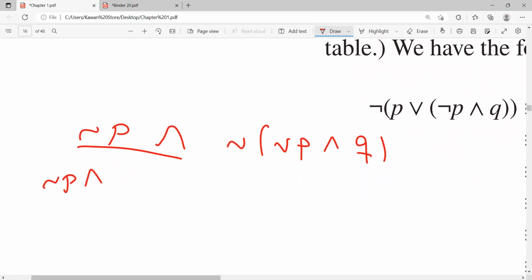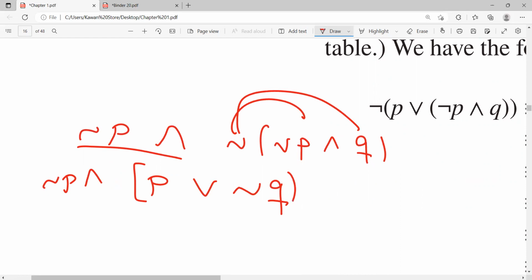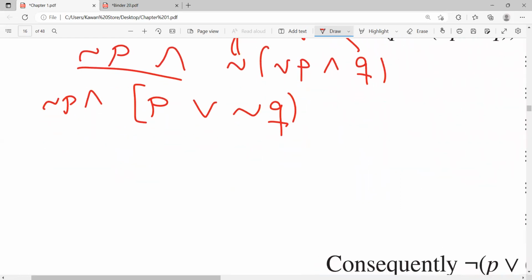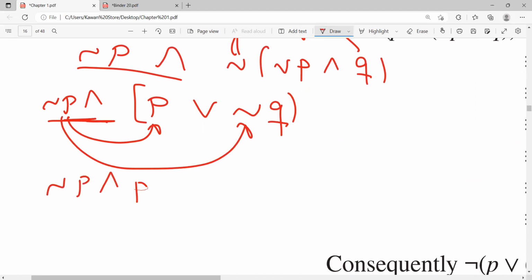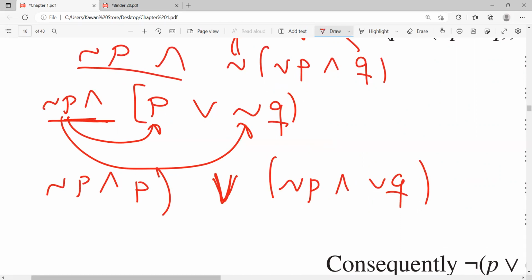So negation of negation P, or negation Q. Am I right? Then I can distribute that one. I say here for here and here for there. So negation P and P, or negation P and negation Q. Am I right? Kindly use parentheses, it is better.